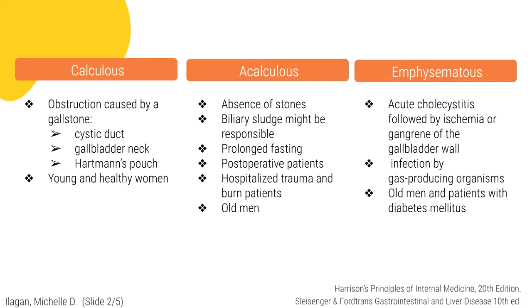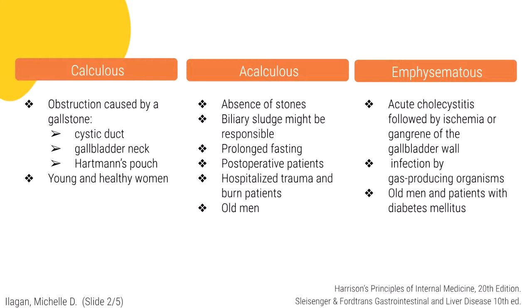Okay, for the calculus cholecystitis, the obstruction is caused by a gallstone in the cystic duct, gallbladder neck, and the Hartmann's pouch, which is an outpouching of the wall of the gallbladder at the junction of the neck of the gallbladder and the cystic duct. This is usually seen in young and healthy women. The acalculous cholecystitis is an inflamed gallbladder wall without the gallstones.